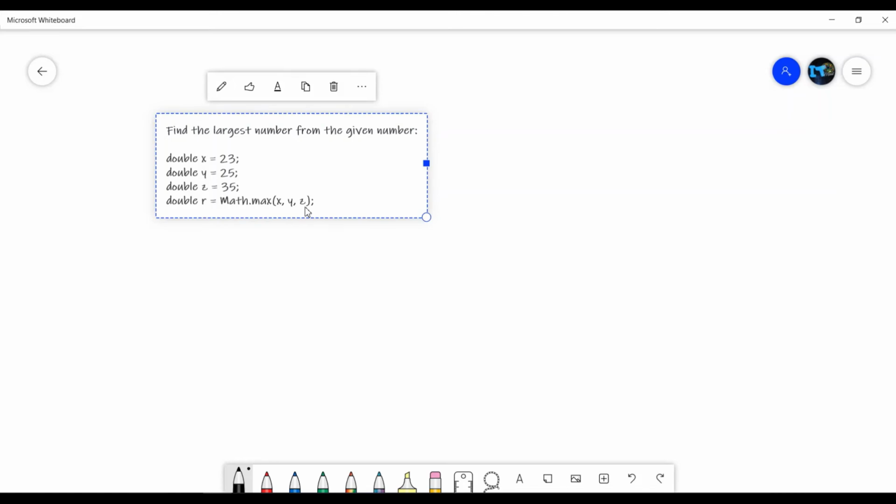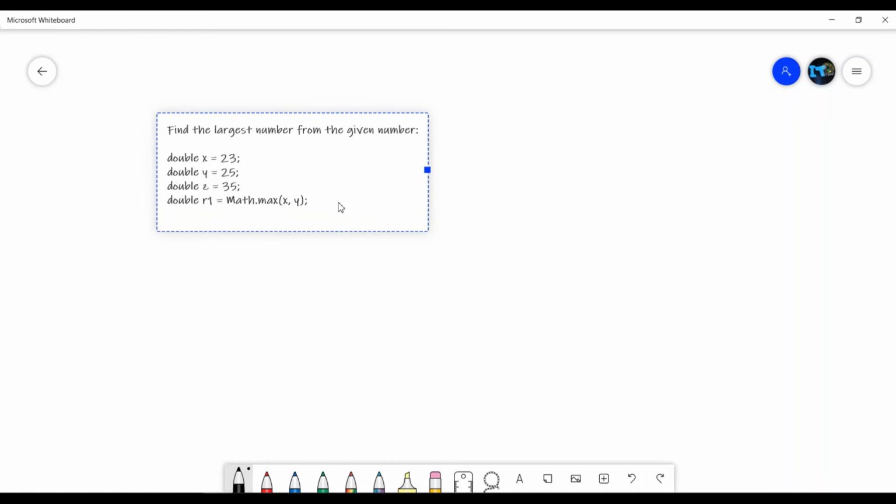So how to find the largest number among three numbers? You have two ways, sorry, two steps. First you have to find the larger between your first two numbers. The first two numbers are stored in, let's take, the r1 variable, so your r1 value will be the larger between x and y.